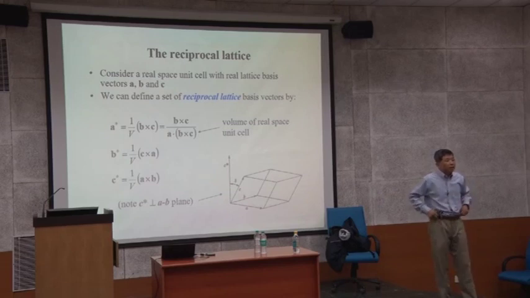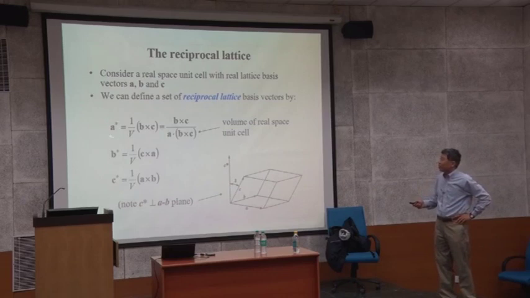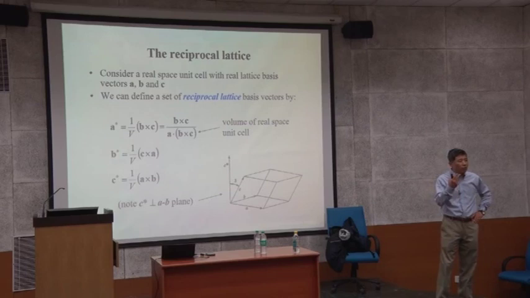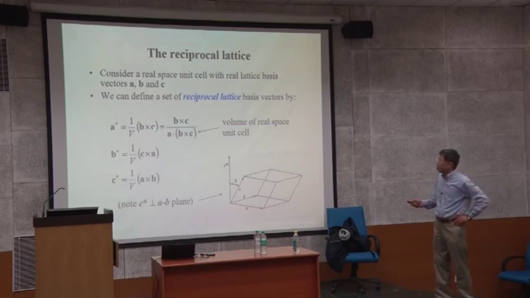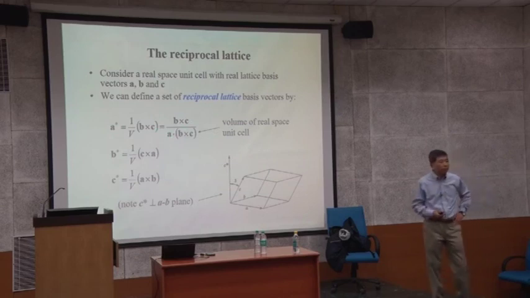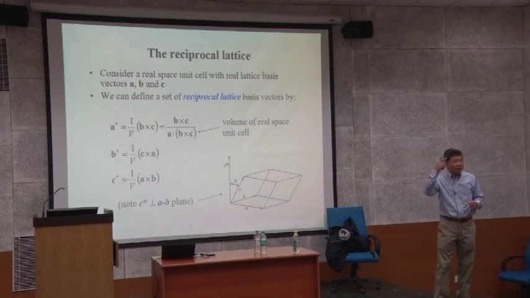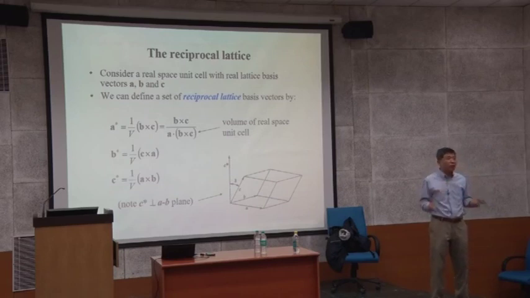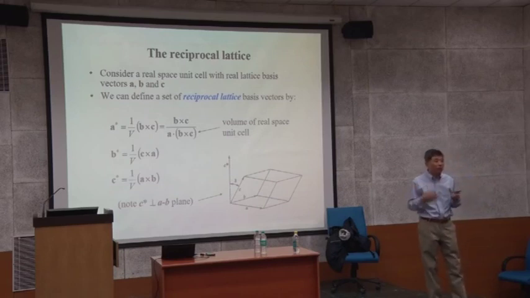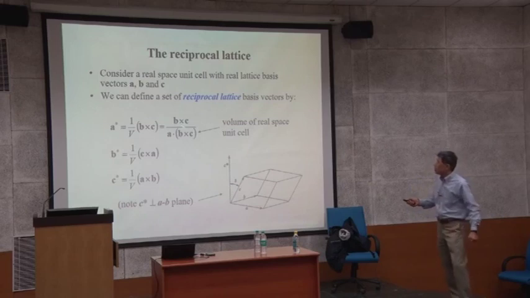And the reciprocal space lattice is described by A star, the reciprocal space unit vector, and the three-component unit vector A star is B cross C divided by A dot B cross C. What this means is simple. I think it's easier to draw by hand, but let's try without and see what happens. So it's like B cross C.